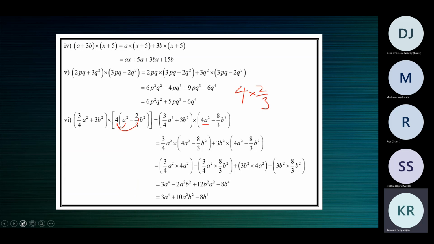Now, the usual method to multiply: first term, second bracket, second term, second bracket. So see here, 3 by 4 a square multiplied by the second bracket. Then the second term 3b square multiplied by the second bracket. This step, we are discussing this step.